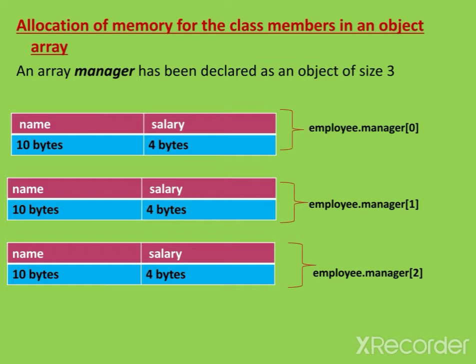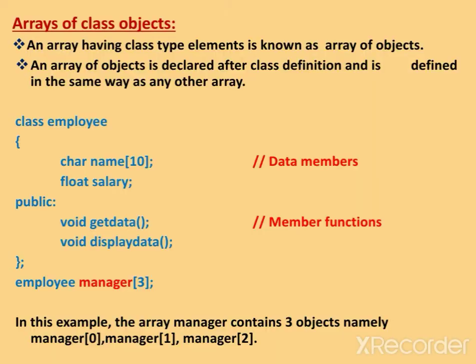But array of objects means that once the class has been defined, you are creating multiple objects under one name, the same class name.